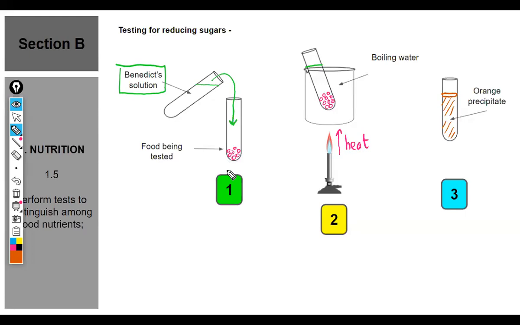Obviously, you won't know what type of reducing sugar. You won't know whether it's maltose, lactose, or glucose. You will just know generally that there is a reducing sugar. For the CXC syllabus, you don't have to go into the more detailed test where you can differentiate between the different types of reducing sugars. This is where it ends for the CXC syllabus, right?